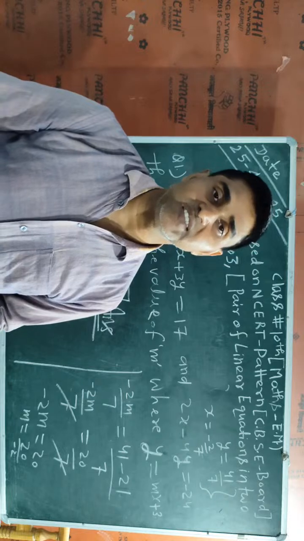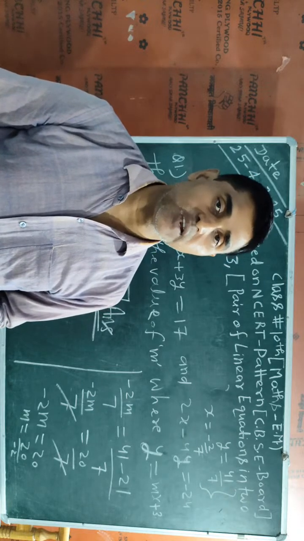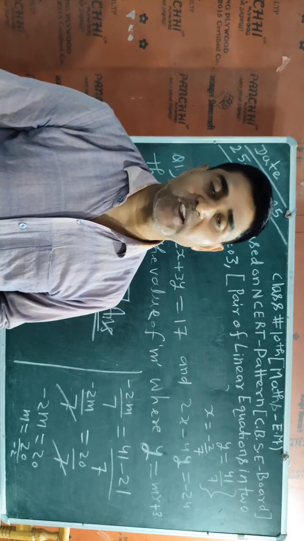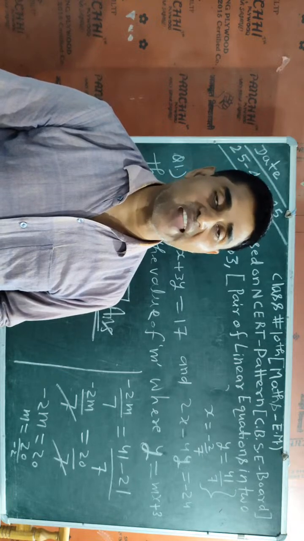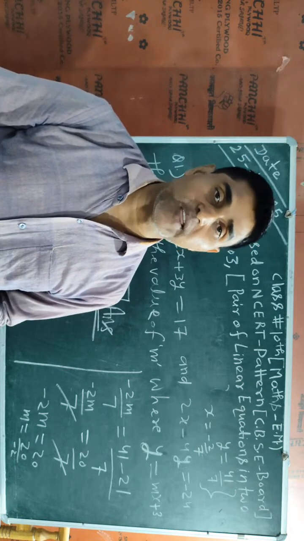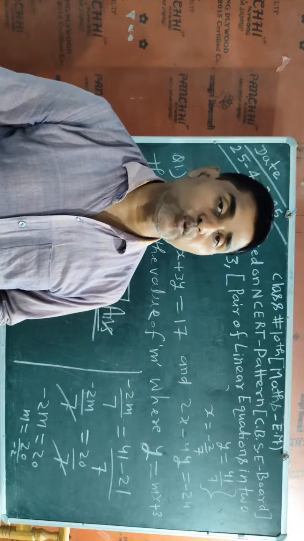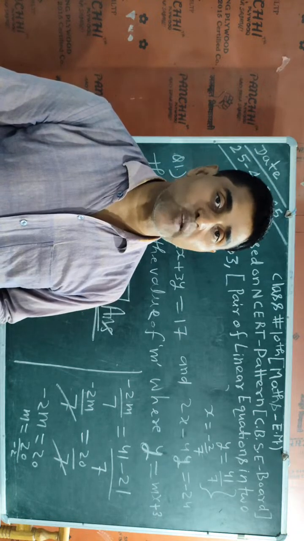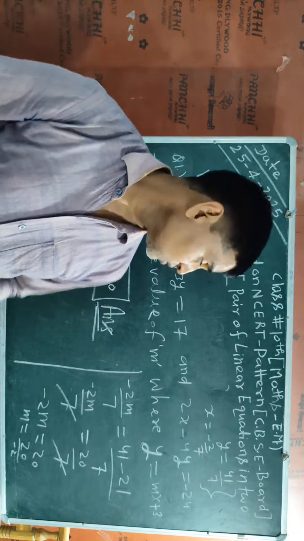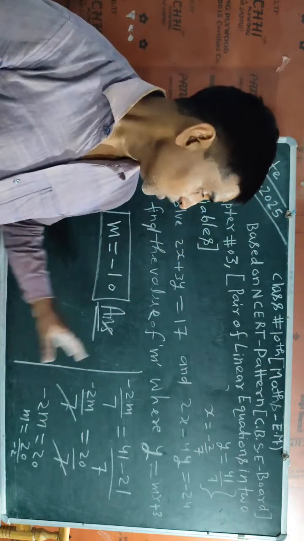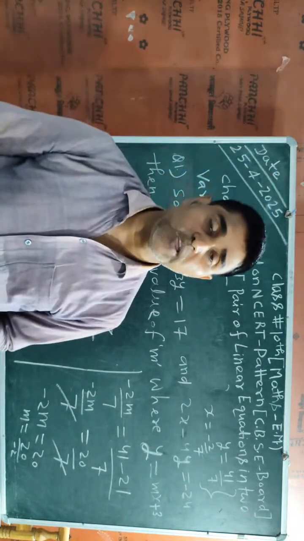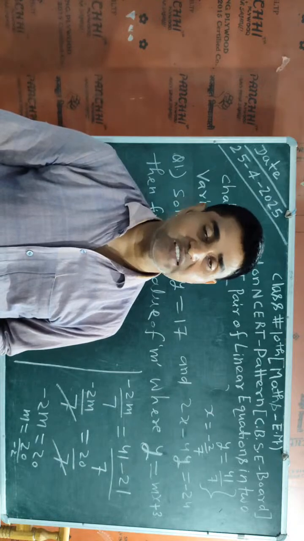That condition is like this: a1 divided by a2, which is not equal to b1 divided by b2. It means that both lines are not parallel to each other. It means that both lines will intersect at a certain point, and I have to get the coordinates of that point. So there are two methods to evaluate. One is the elimination and the other is the substitution.